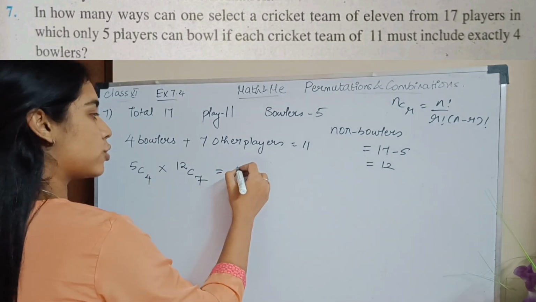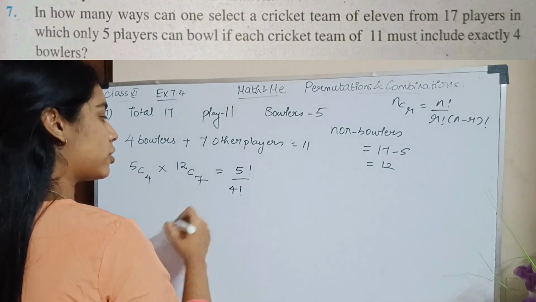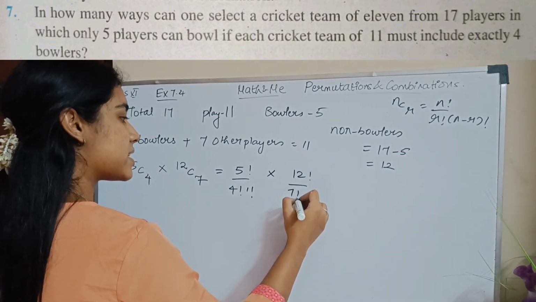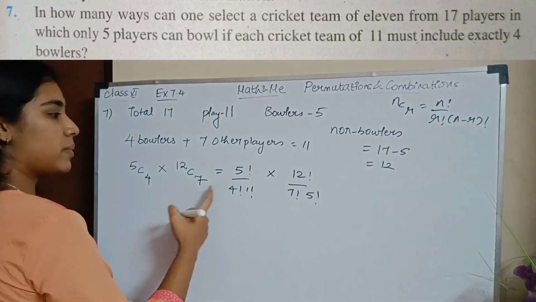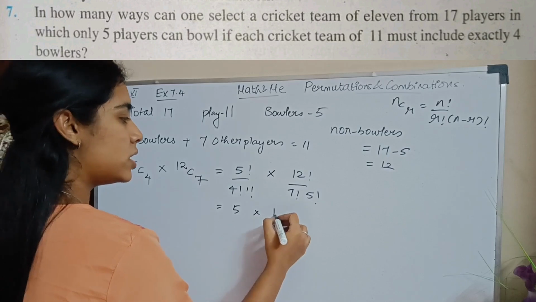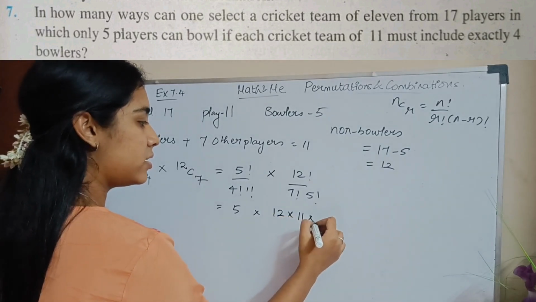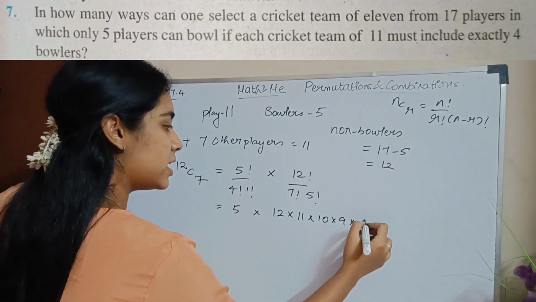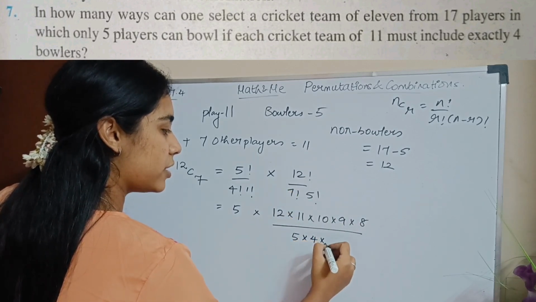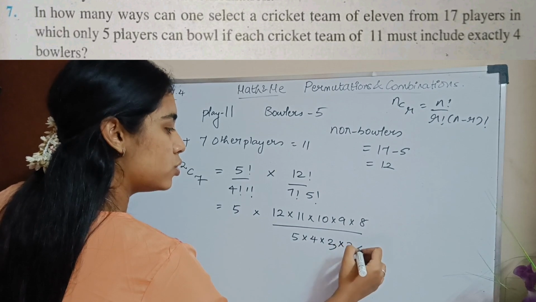So what is 5C4 times 12C7? 5 factorial divided by 4 factorial times 1 factorial, times 12 factorial divided by 7 factorial times 5 factorial, since 12 minus 7 is 5. So I'll have 5 times, 4 factorial cancels, times 12, 11, 10, 9, 8, 7 factorial cancels, divided by 5 factorial, which is 5, 4, 3, 2, 1.